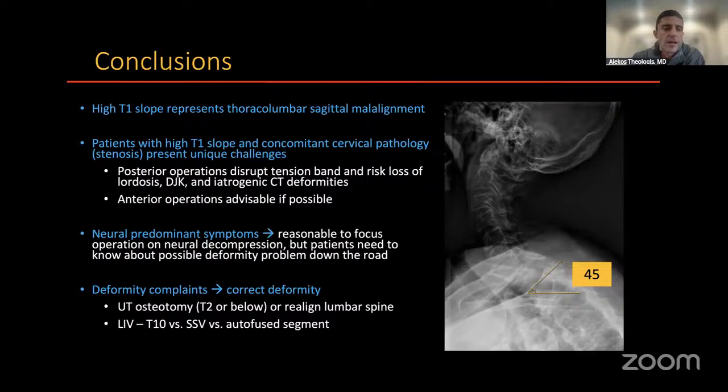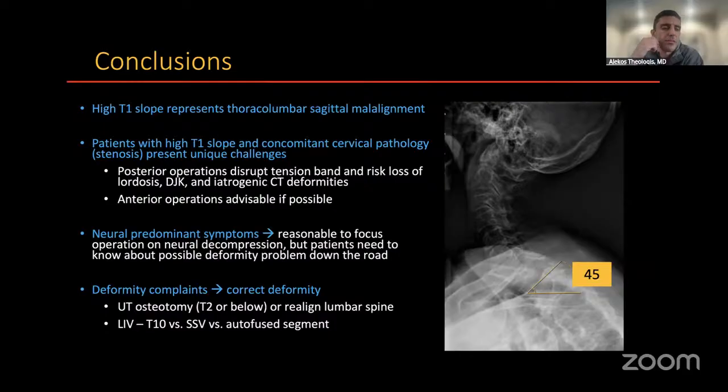And I do think, and this is how I'm approaching it, if the patients come in with primarily neural symptoms and their alignment's not really the presenting focus, try to focus the operation on the neural structures. And then if they do develop a post-traumatic deformity, address the deformity at a later time.